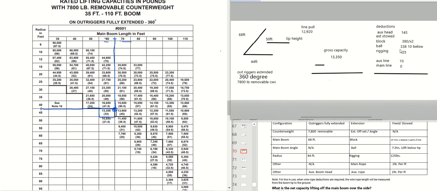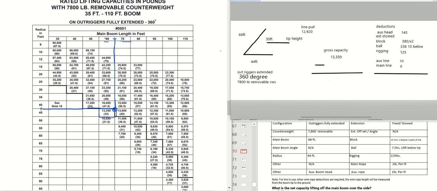But this is where labeling everything comes into effect because I counted: we got one auxiliary head, two fixed stowed jib, three our 15-ton block, four our ball, five our rigging, and our auxiliary rope would be six. So I forgot a deduction.